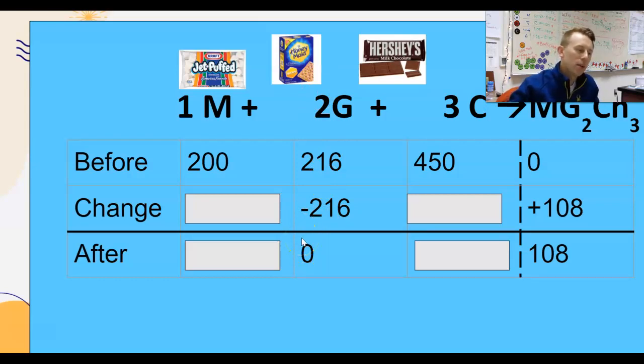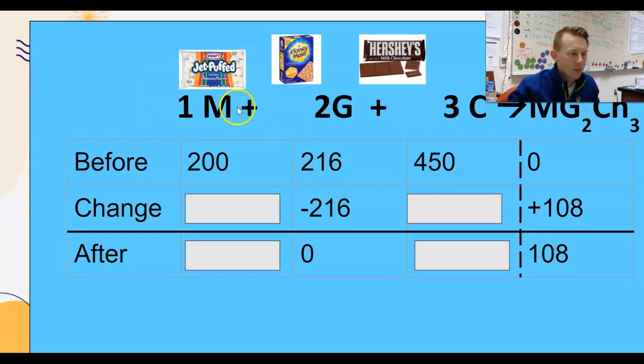Now, the next tricky part is figuring out the change for the marshmallows and chocolates, because it's not going to be 108 necessarily. Well, it could be. And it's also maybe not going to be 216. It's unique because each of these ingredients requires a different amount in order to make your 108 s'mores. So let's think about the marshmallows first.